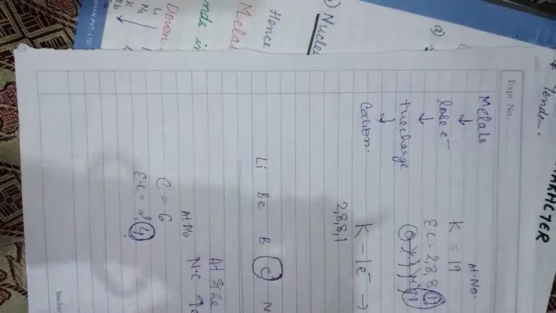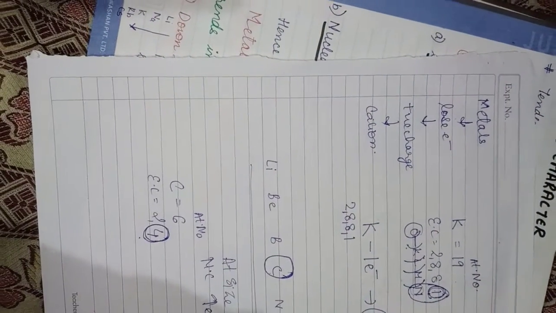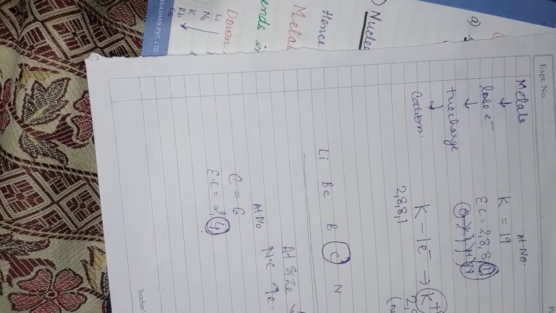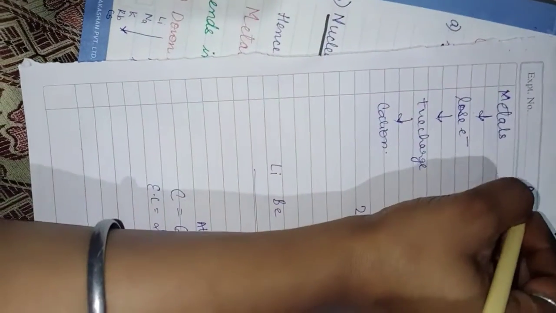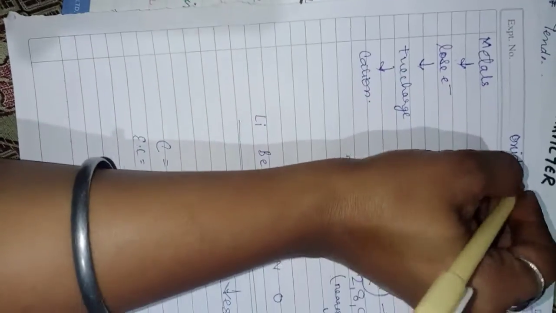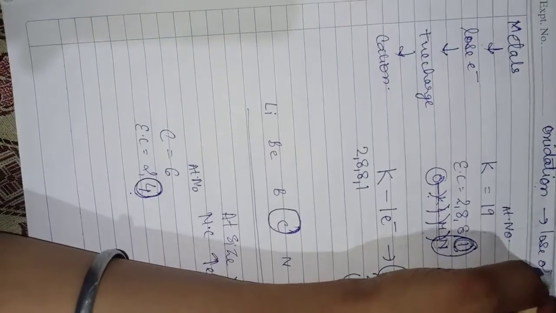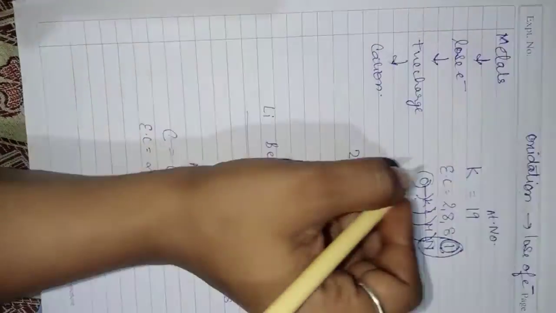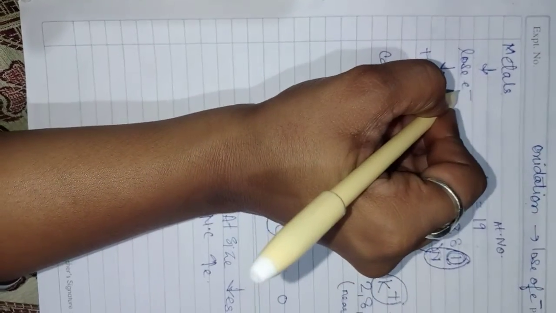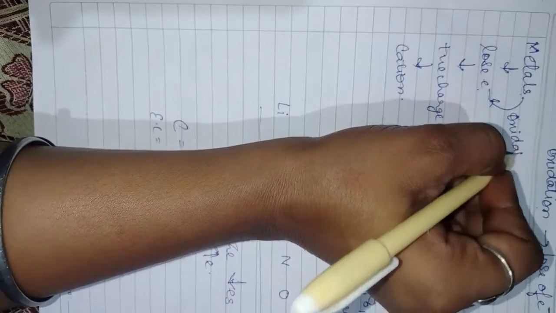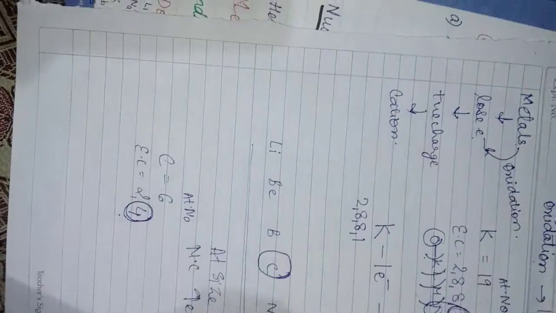Now, in the previous classes, we have done oxidation and reduction. What is oxidation? Oxidation is loss of electron. That means if the metal is tending to lose electron, it undergoes what type of process? It undergoes oxidation process.